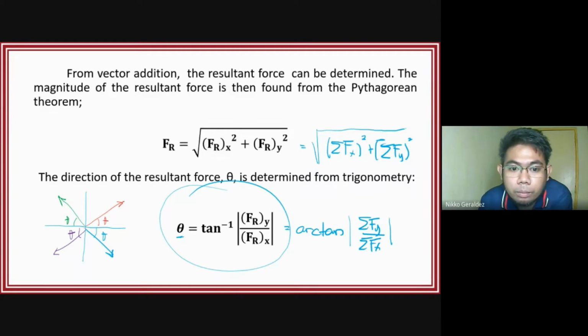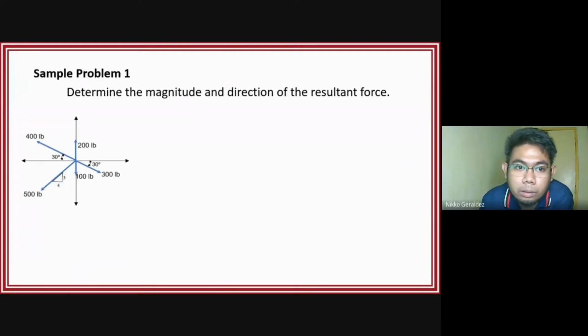O, example tayo. Determine the magnitude and direction of the resultant force. Meron tayong 400 pounds at quadrant 2, 30 degrees above negative x-axis, 200 pounds along positive y-axis, 300 pounds, quadrant 4, 30 degrees below positive x-axis, 100 pounds along negative x-axis, and 500 pounds at the quadrant 4.